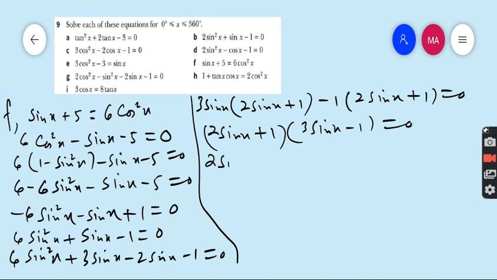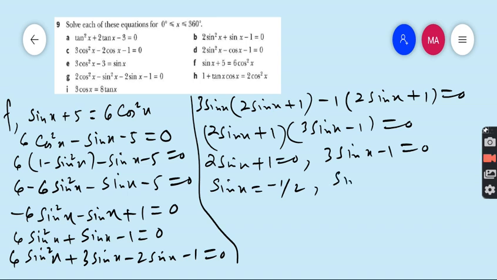So the first equation is 2 sin x plus 1 is equal to 0. The second equation is 3 sin x minus 1 is equal to 0. From here we will have sin x, this plus 1 becomes minus 1 and divide by 2, and for this equation sin x is equal to plus 1 divided by 3. Now solve both equations one by one.